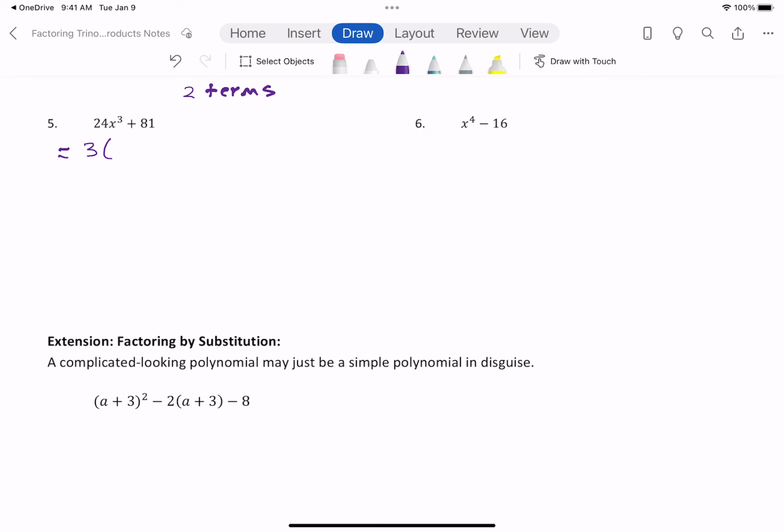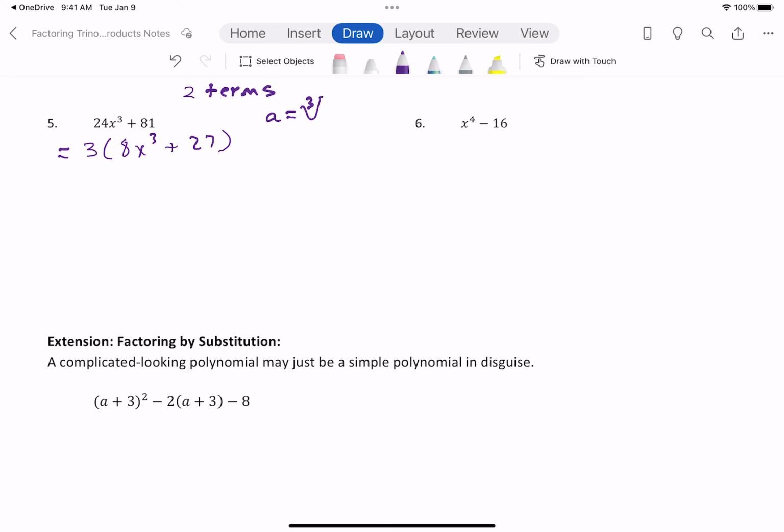If I factor that out first, I have 8x cubed plus 27. Now what's left? 8x cubed is a perfect cube and 27 is a perfect cube. So remember, for cubes we need to identify a and b.